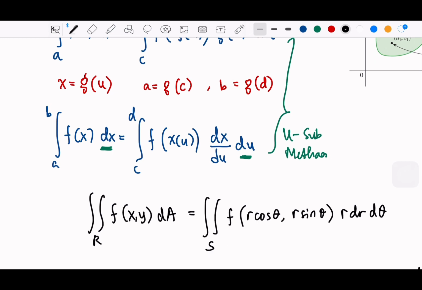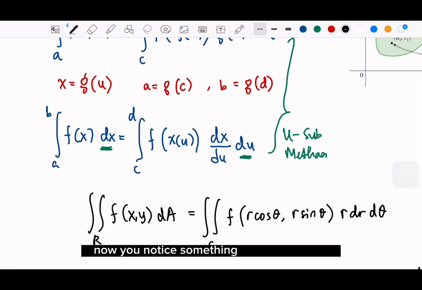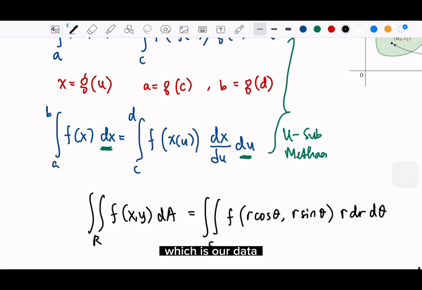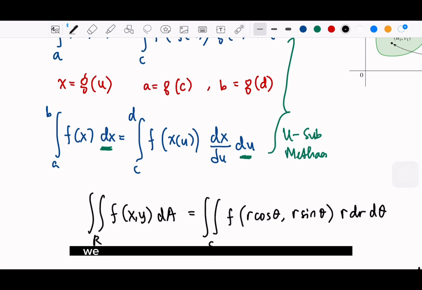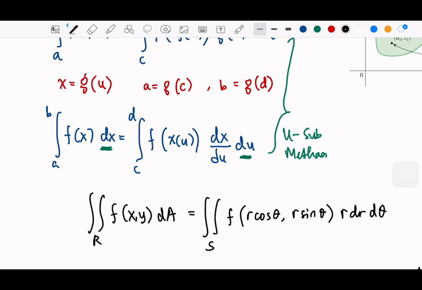Now you notice something here. As long as we know the relations between this x, y and the new variables that we want to change to, which are r, theta, for example x becomes r cos theta, y becomes r sin theta, and then we did some approach through our double integral, we find that we need to multiply with this.